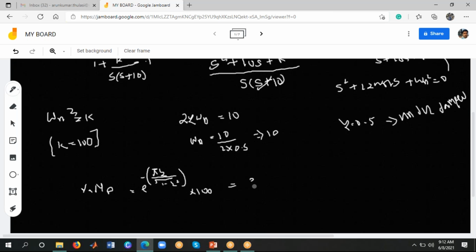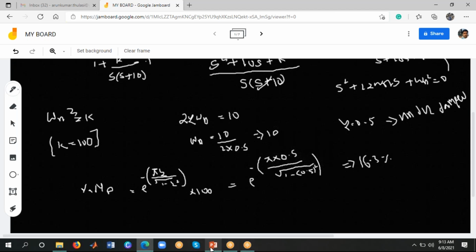So e power minus pi into zeta value is 0.5, right? 0.5 divided by square root of 1 minus 0.5 whole square. That is 16.3%. So this is the maximum overshoot and peak overshoot.